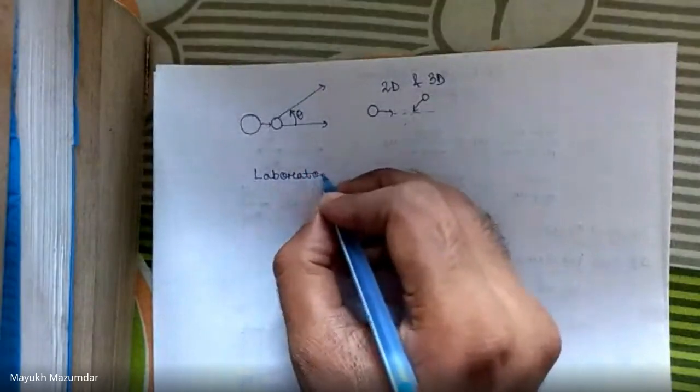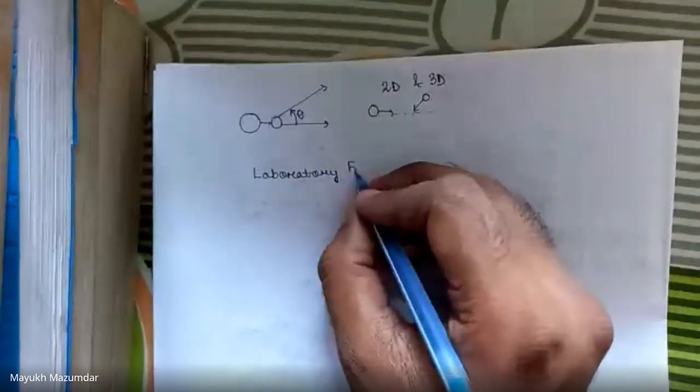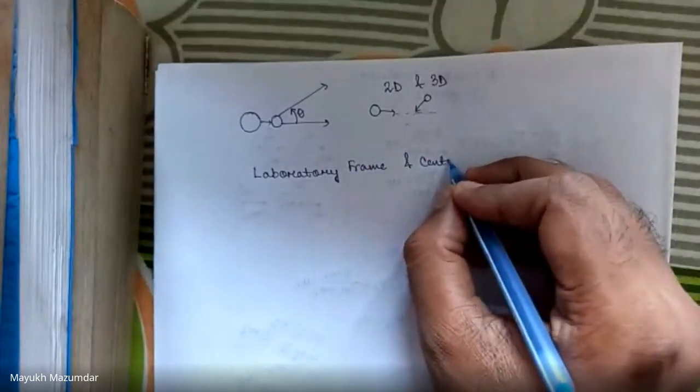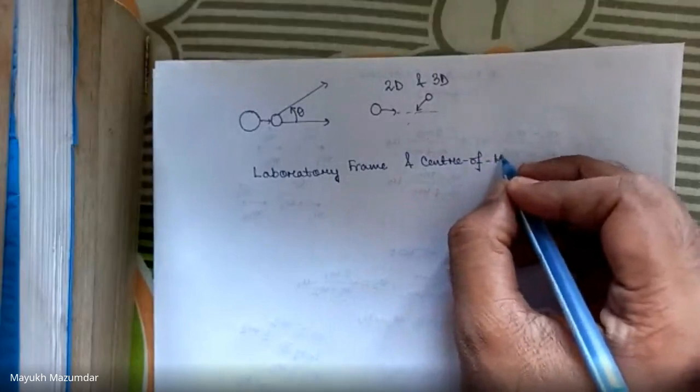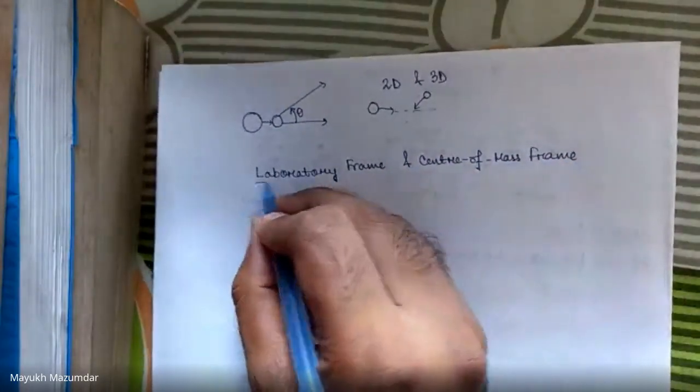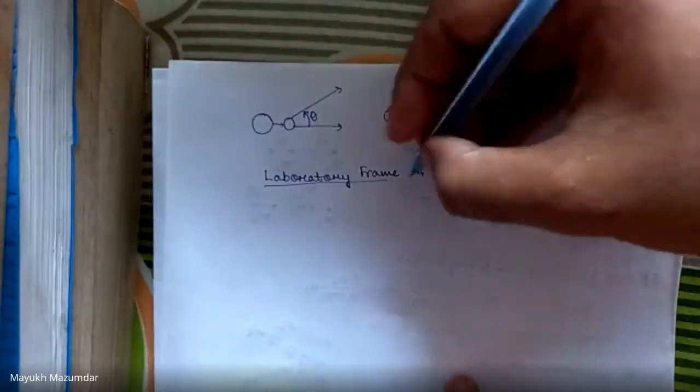So in collision, we'll study two types of frames. One is called the lab frame. Another one is called the center of mass frame. In my very first lecture on this topic, I told you that depending on our intention or our application, we can classify frames.